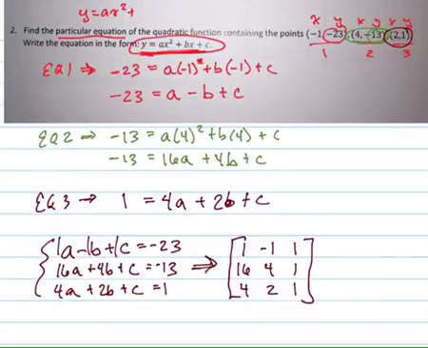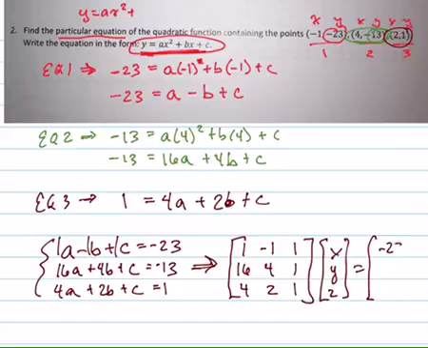Some calculators can do what's called an augmented matrix, but I prefer to do it this way because it makes more sense algebraically. That's x, y, z equals, and there's my last one, negative 23, negative 13, positive 1. In your graphing calculator, punch this in and call it matrix A, and punch this in and call it matrix B. Notice A is a 3 by 3, and B is a 3 by 1 matrix.